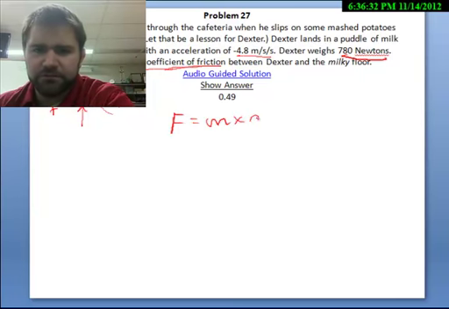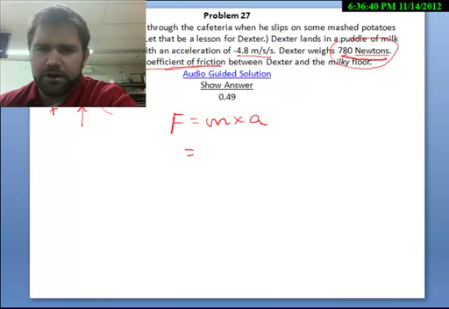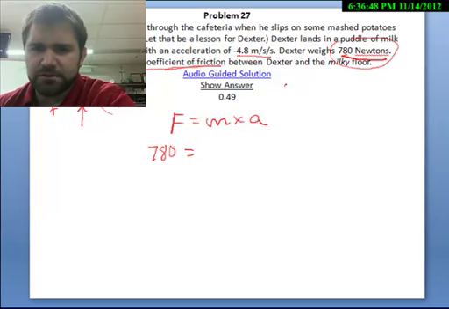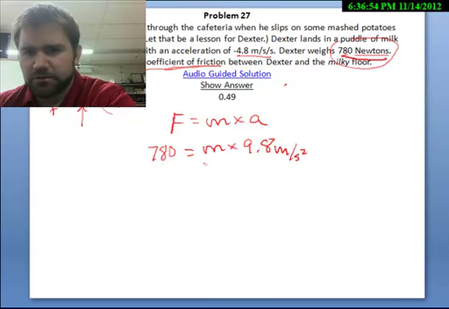We know his acceleration. We know that force equals mass times acceleration. So using this 780 newtons, we can find Dexter's mass. His gravitational force is 780 newtons, and that would equal mass times gravity, which is 9.8 meters per second squared.